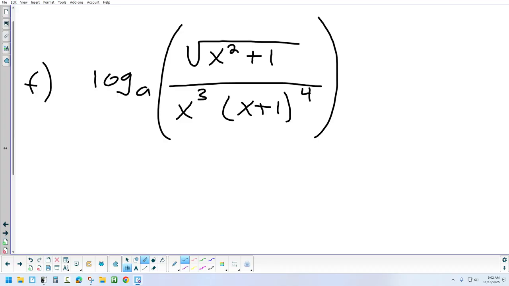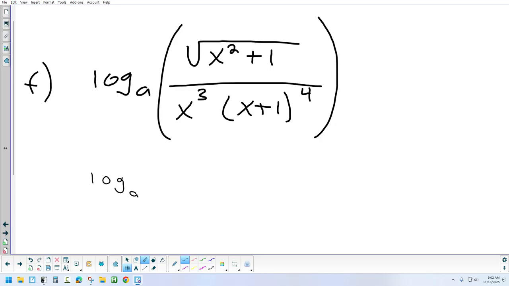And kind of the order of operations is if there's a difference of logs you have to deal with, do that first. And then if you have a product of logs, either in the numerator or denominator, do that second. So let's start with the difference. We're going to have log base A, and let's deal with just the numerator.